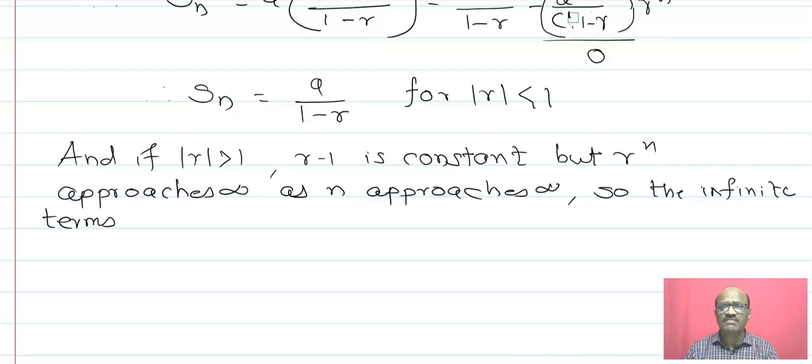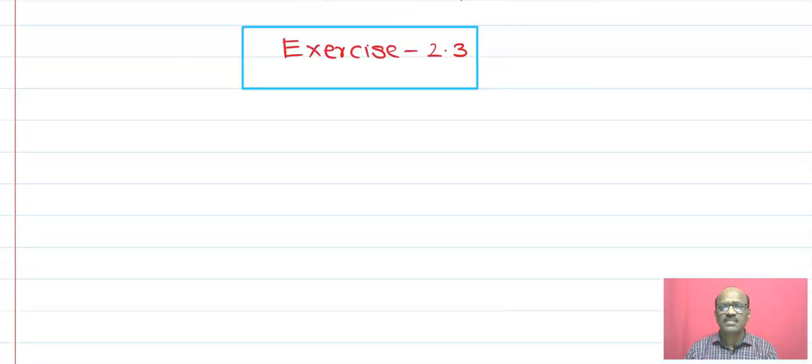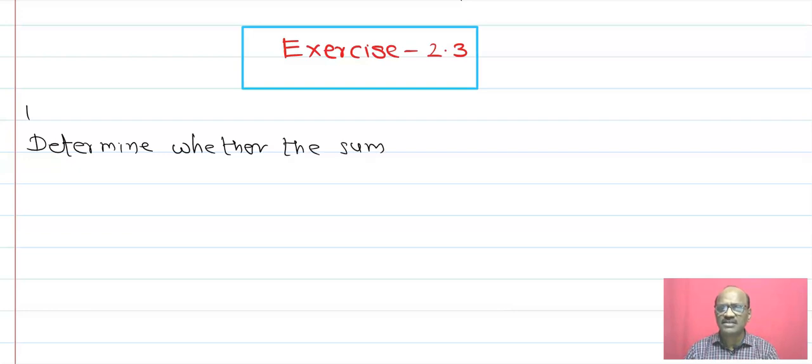So the infinite terms cannot be summed up to n. Therefore, here we will consider only those cases where mod of r is less than 1.